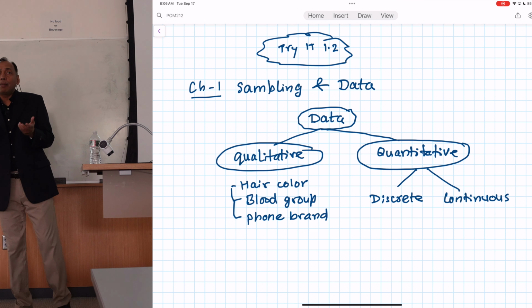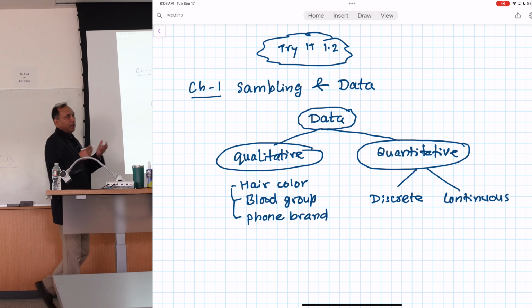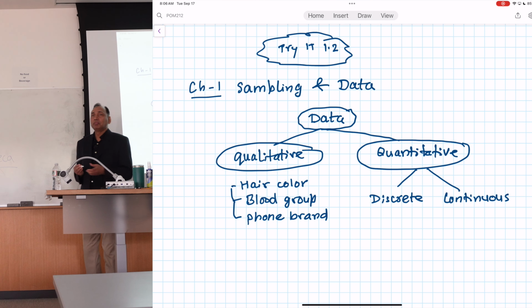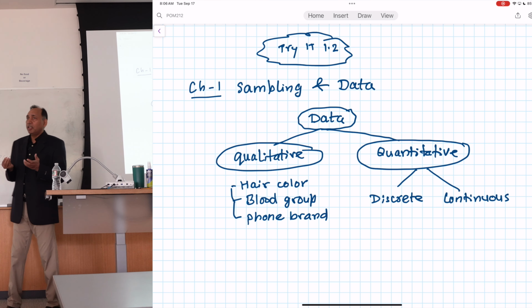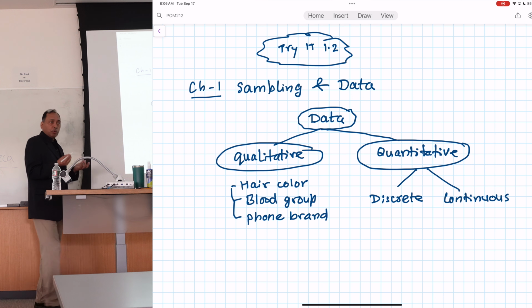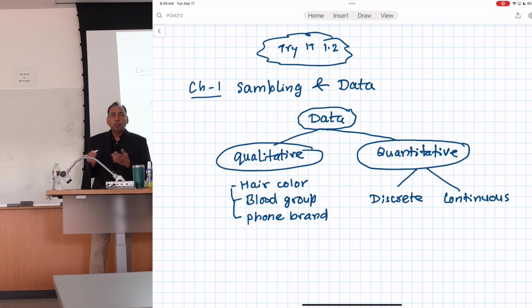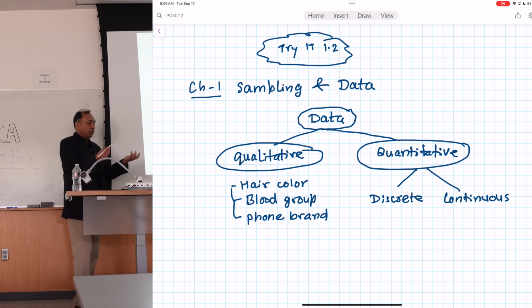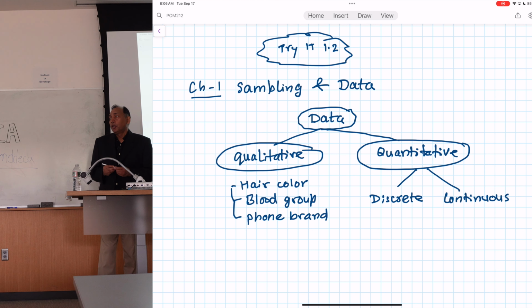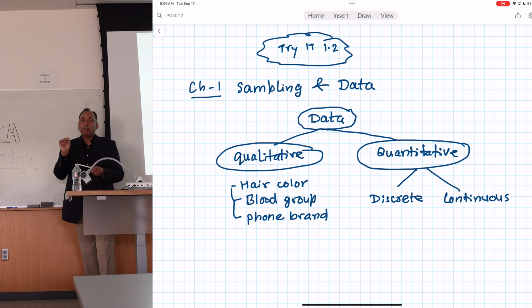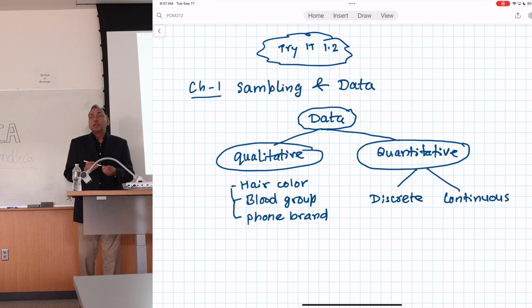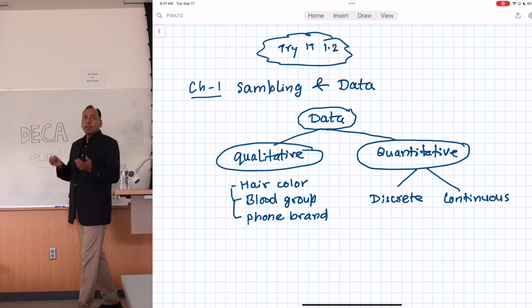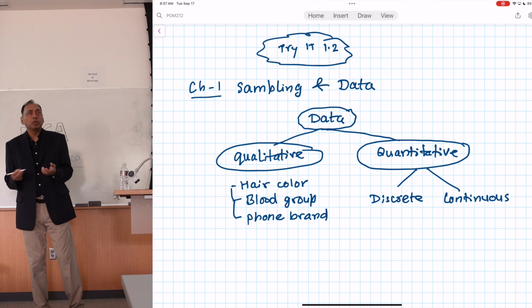Another example is the number of students absent in a class. It could be 0, 1, 2, 3. If a manufacturing company makes some product and does a final inspection, for example on a laptop, they are trying to find if there are any defects. The number of defects again could be 0, 1, 2, and so on.